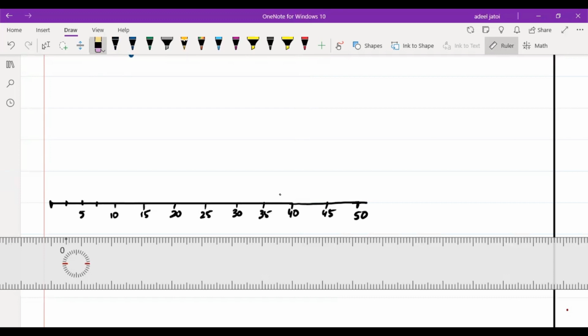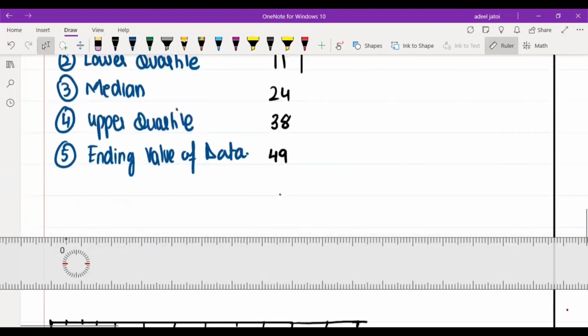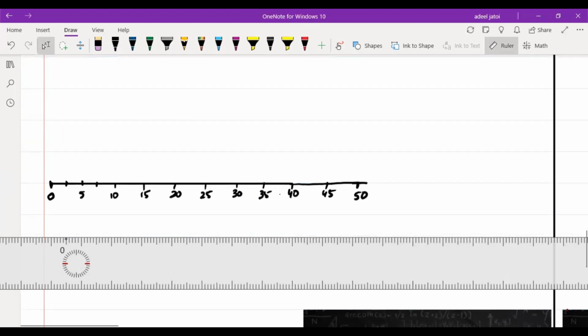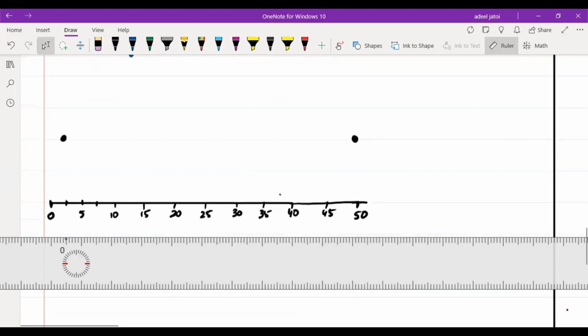Let's say your starting point was 2. Since we started off with 0, 2 will be here, so the starting point is 2. Your ending point, we remember, was 49, so we'll mark 49 here before 50. These were your starting point and your ending point. Then your lower quartile was 11.